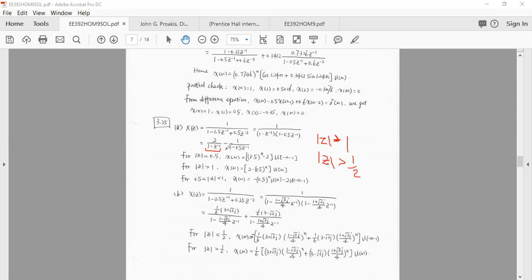So the region of convergence of this is greater than half. The region of convergence for this is greater than 1.